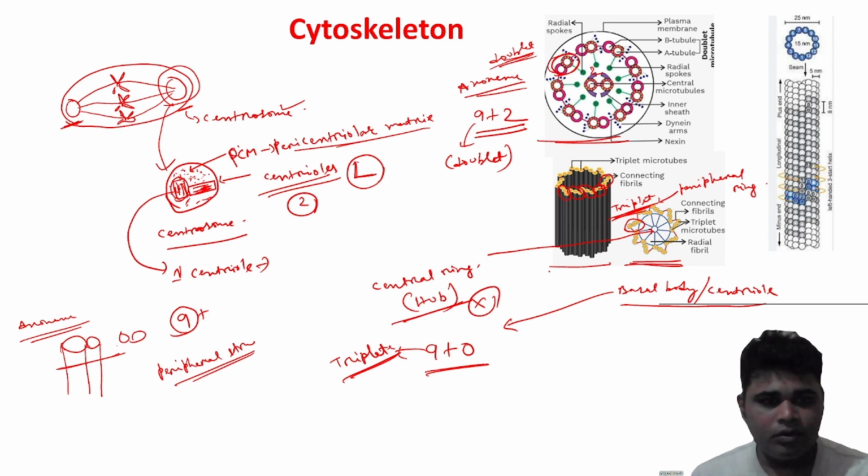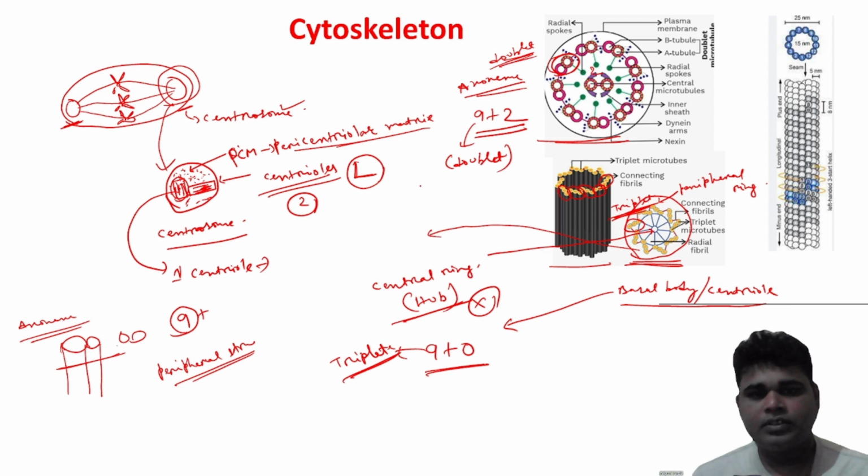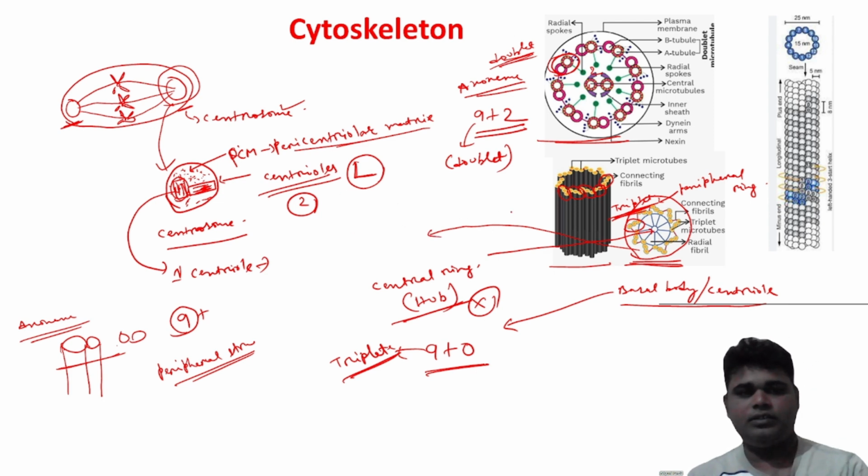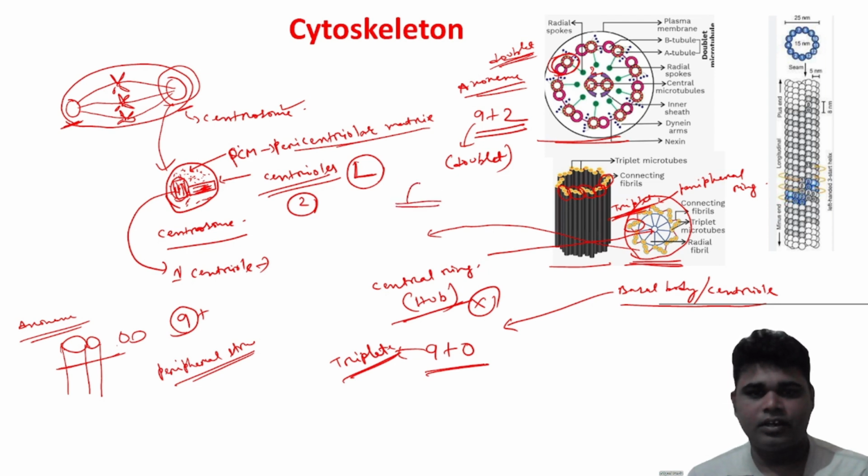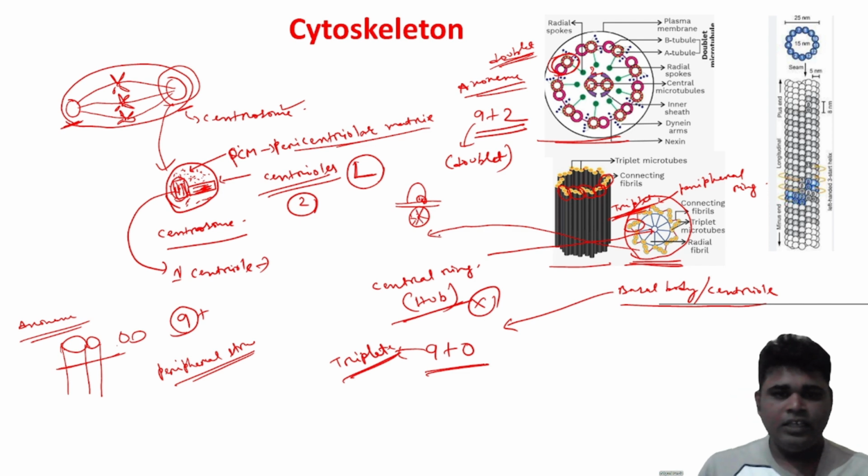Now look at the structure here. It looks like a bullock cart wheel structure. Let us suppose this is the bullock cart, this is one wheel, and inside it there is another wheel-like structure.